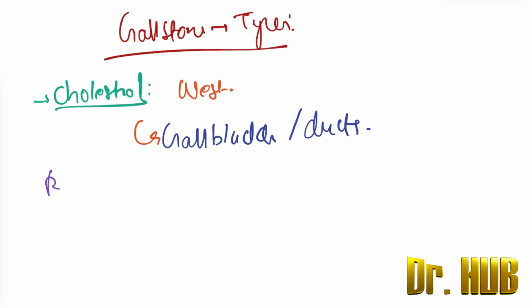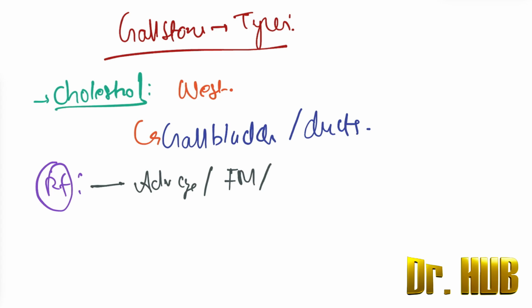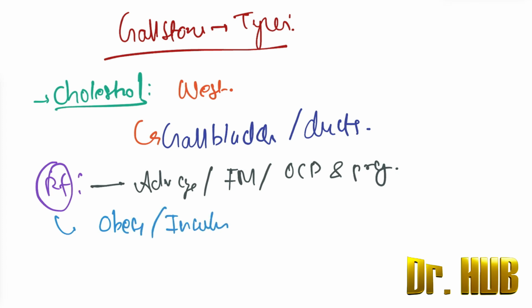Next comes the RF. What is RF? RF stands for the risk factors. So the risk factors are advancing age, female sex, OCP use, and pregnancy. Next, what are the other risk factors? There is obesity, as well as insulin resistance.